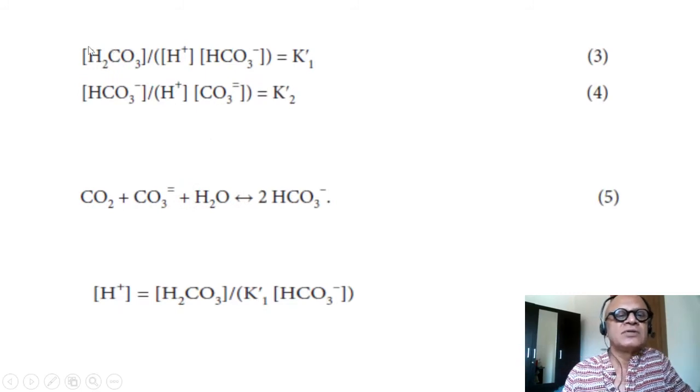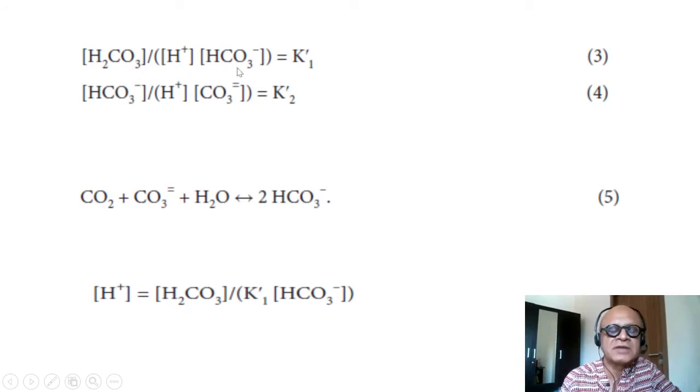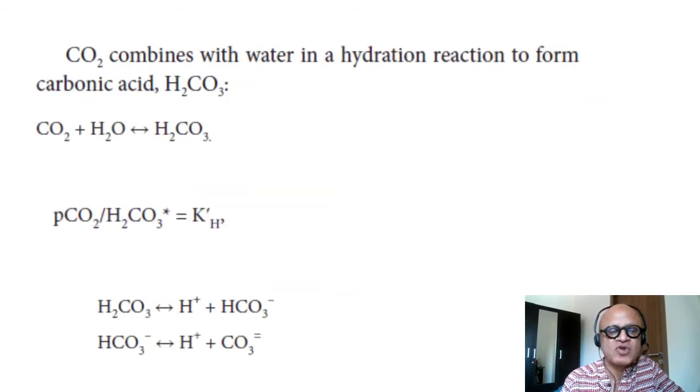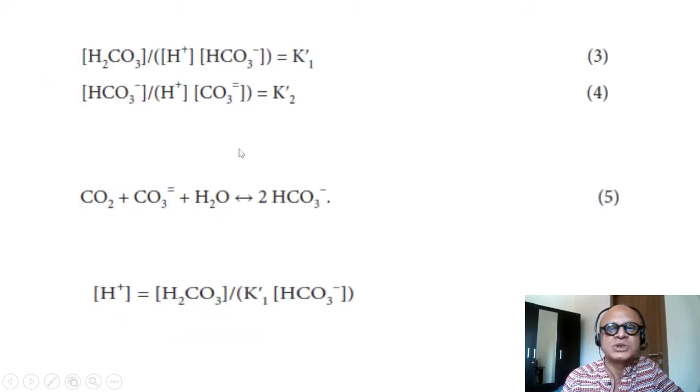These are concentrations, the square brackets. So H+ times HCO3- divided by H2CO3 equals K1 prime.